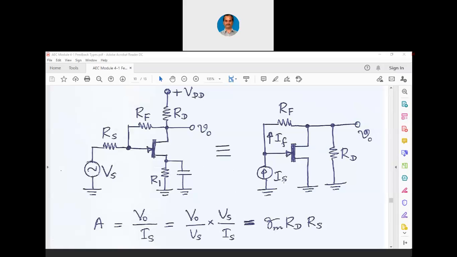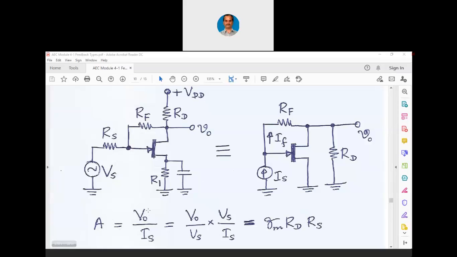Input was current, output was voltage. It is the same thing here now. So it is a current to voltage converter, or a transresistance amplifier. It is V0 by Is.